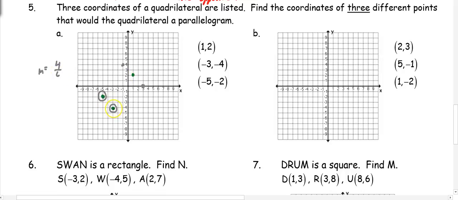So now I'm going to use the opposite slope from that last point. So I'm going to go down 4 and left 6. And this would be my third point. So notice how they kind of make a triangle together. So those points then would be -1, 4, 3, 0, and -9, -8.